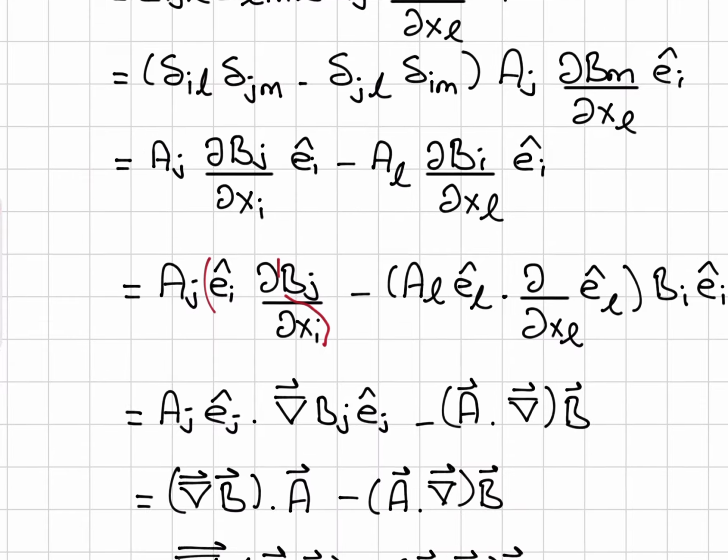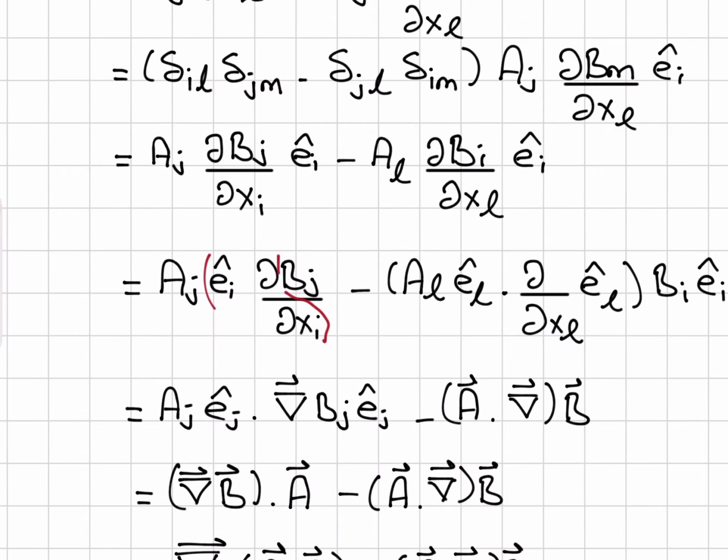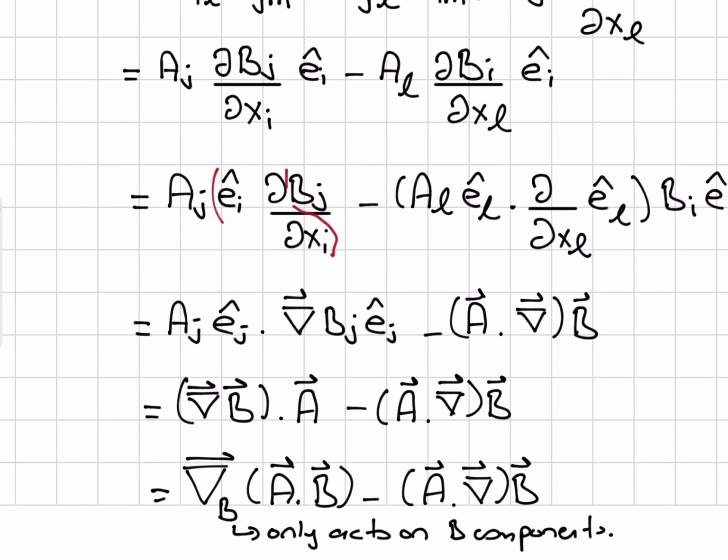So e_j hat dot e_j hat is 1, so I'm left with this term. So this means this is the gradient acting on components of B dot product with A, or in other words, this is the gradient operator with respect to B acting on A dot B, only on components of B.